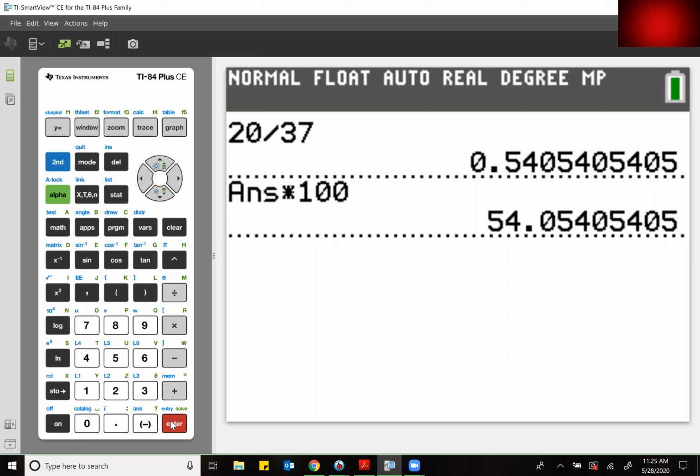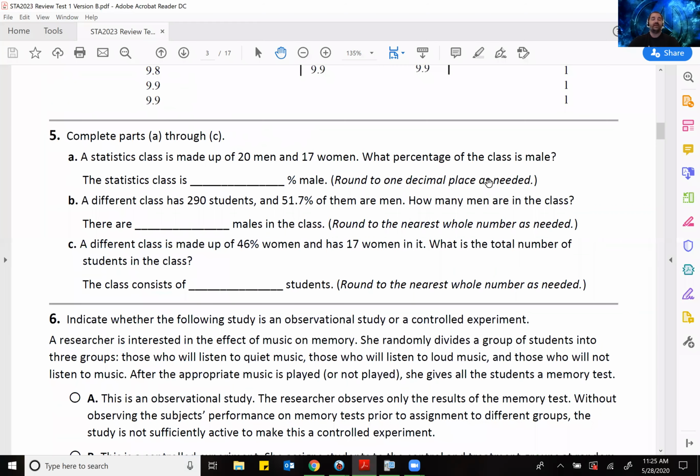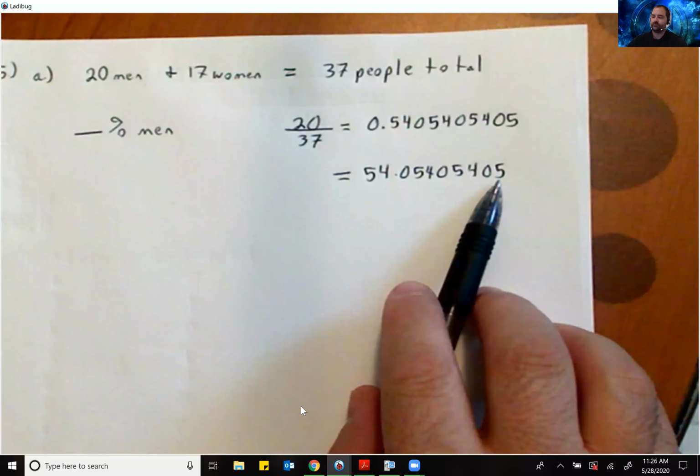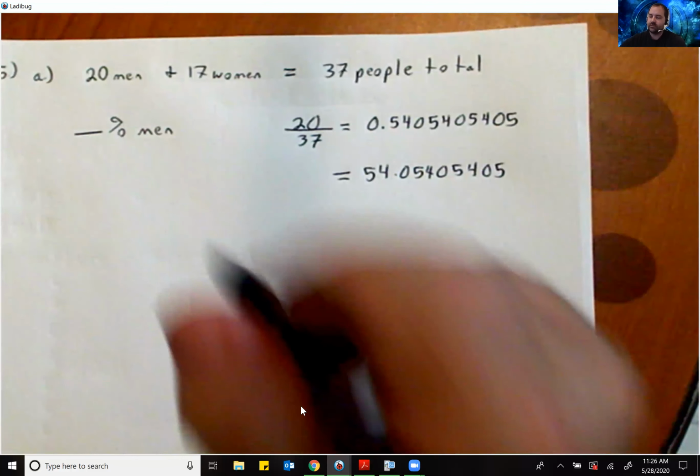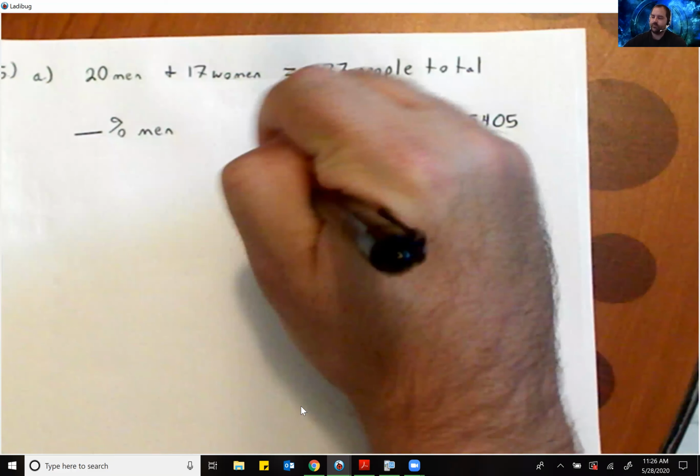54%. But we should always go back and look at the fine print and make sure that we are going to round to the proper place. It says round to 1 decimal place. So if you said 54, we're off. This is what the calculator gave us after we took our answer times 100.